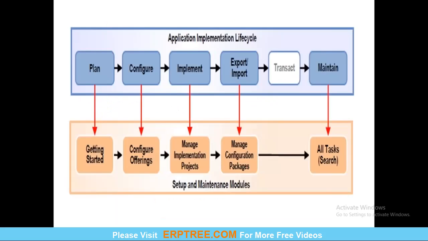So you can also understand this application implementation life cycle. The way we have discussed just now, these are similar: plan, configure, implement, export. Here export or import has something new to understand, where you can import the data from your test instance to production through a configuration package.